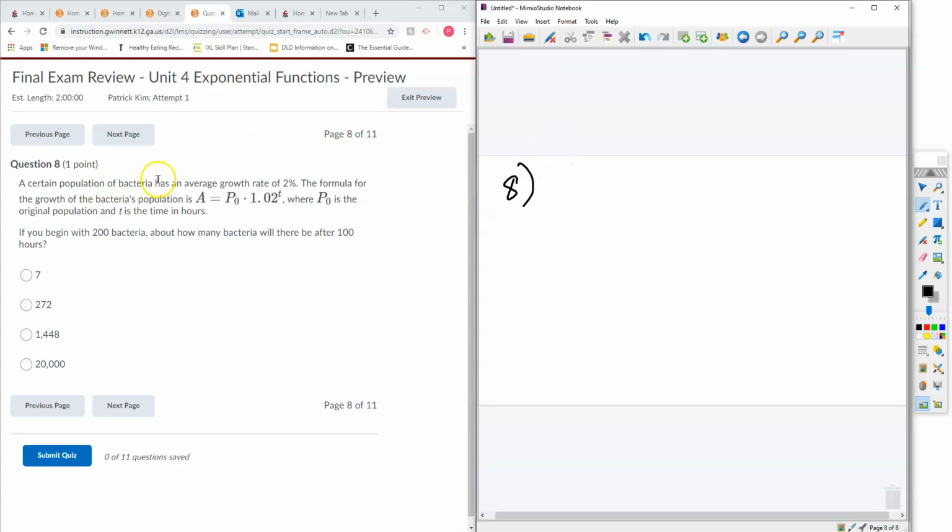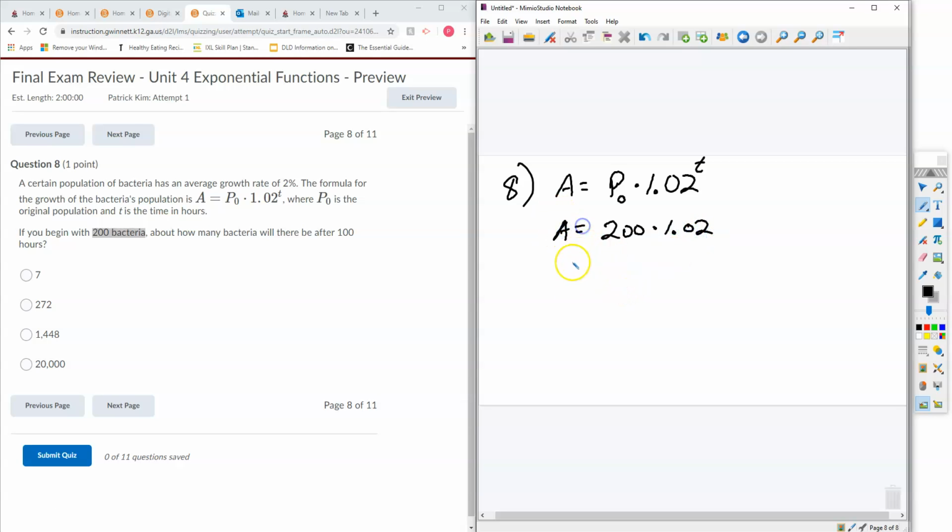A certain population has the average growth rate of 2%. You have this formula here: A equals P sub 0 times 1.02 to the T power, where T is the time in hours. You begin with 200 bacteria. Okay, P sub 0 is the original population, so this is 200 times 1.02.